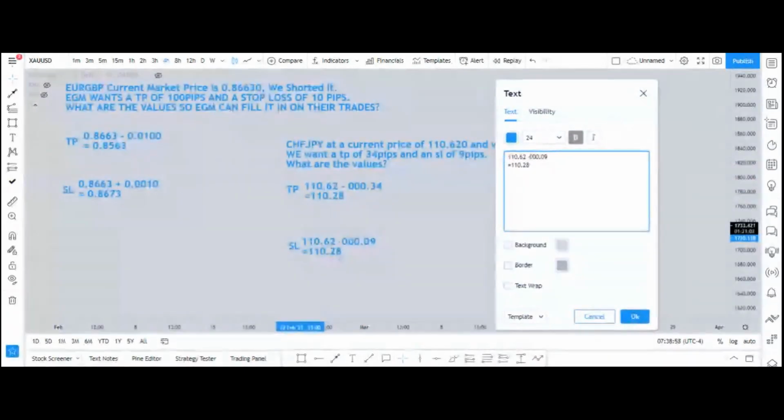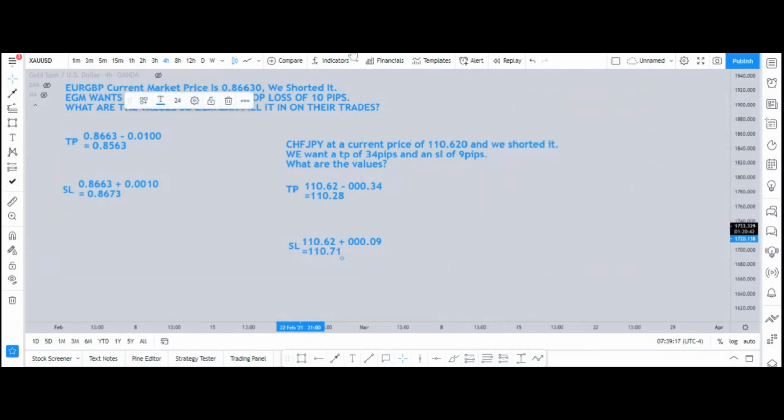Then this will be an addition sign. Plus 9 pips, that will be 110. 2 plus 9, that will be 11. So I have 1, moving forward I have 7, then 110. So my SL is 110.71. So who got it right?